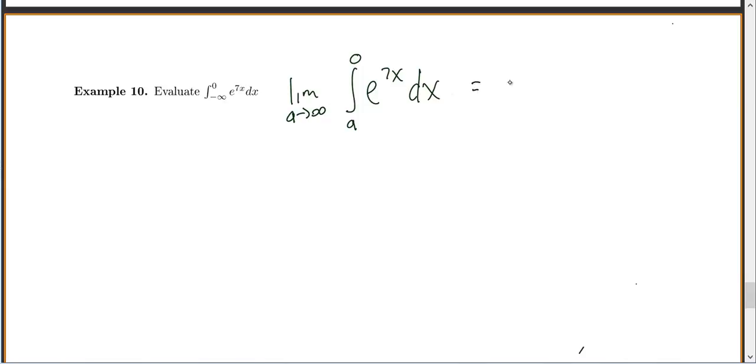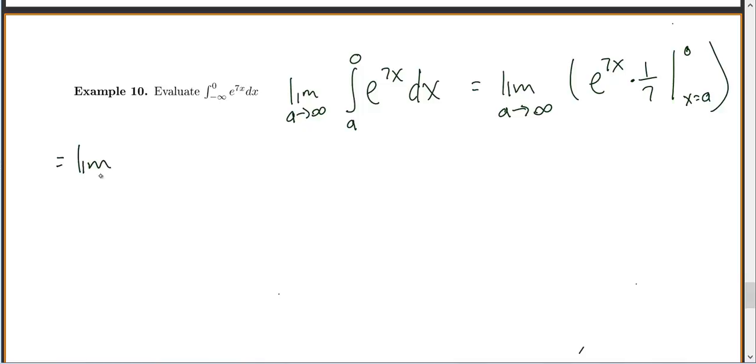Okay. So to integrate this, the integral of e to the 7x is e to the 7x times 1 over 7. And we want to evaluate this from x equals a to 0. We still have the limit until I actually plug it in, so we have to keep the limit there. We plug in the 0 first.